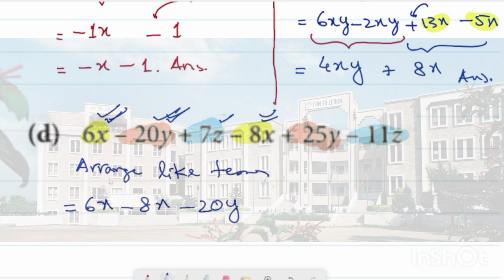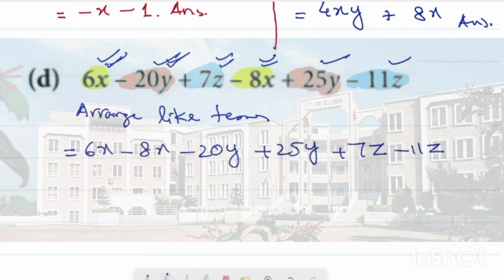So we'll be looking for another like term of negative 20y, which is plus 25y. So we are writing this plus 25y. And then plus 7z, and the like term of plus 7z is negative 11z. Yes, this is negative 11z.